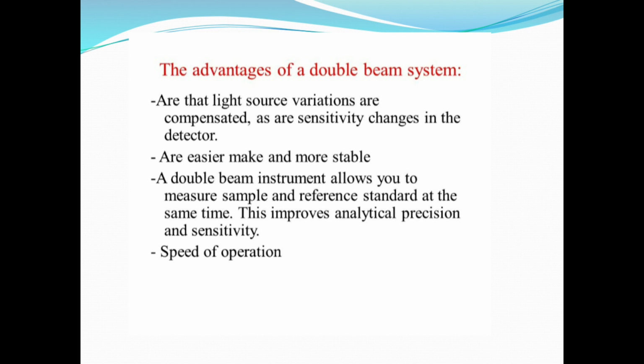The double beam instrument allows you to measure the sample and reference standard at the same time. Improved analytical precision and sensitivity are also observed. Speed of operation and accuracy: it takes a short time to analyze the sample.